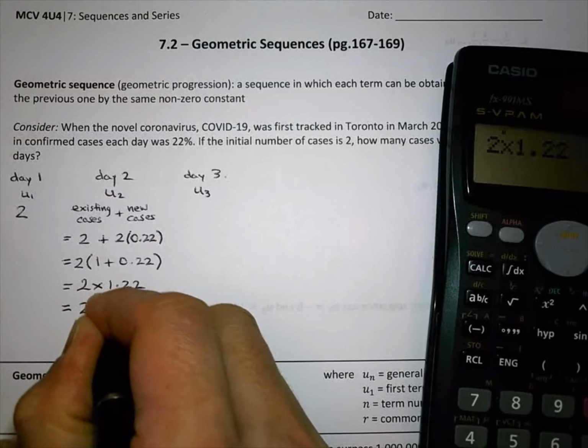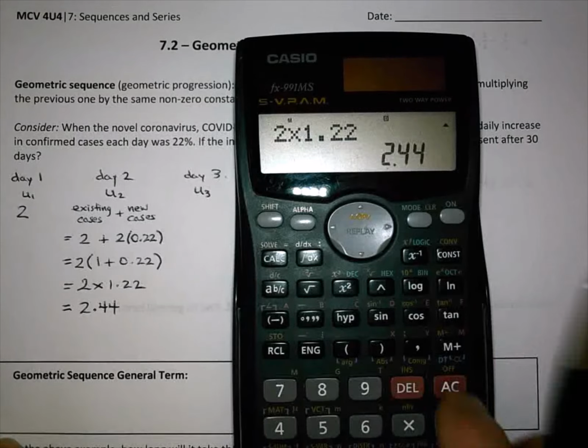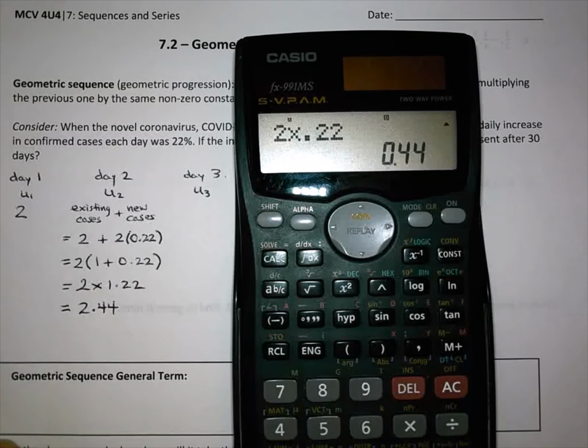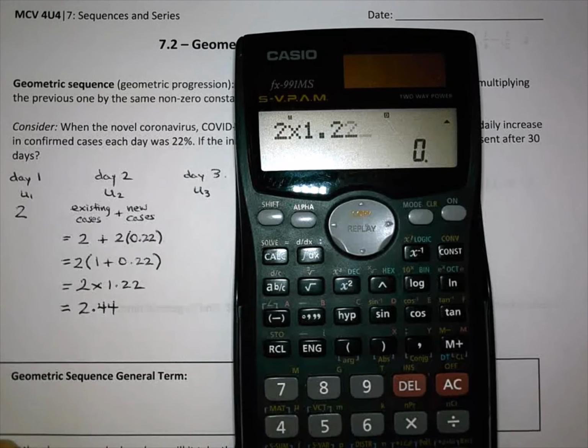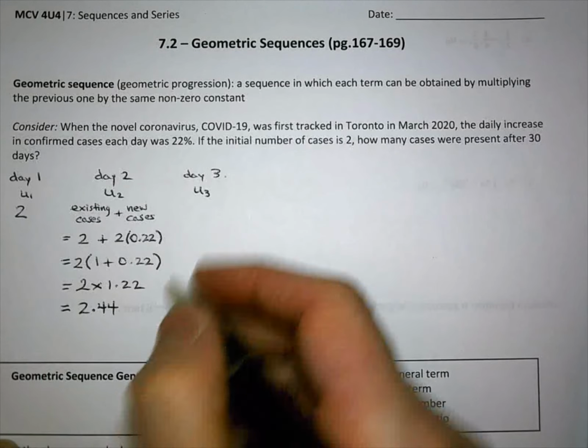So it didn't really grow by a full person, but that's the 22% growth. Instead of going 2 times 0.22, it grew by 0.44, and then adding it to 2, it's just as quick to write 2 times 1.22. So that's from day 1 to day 2.